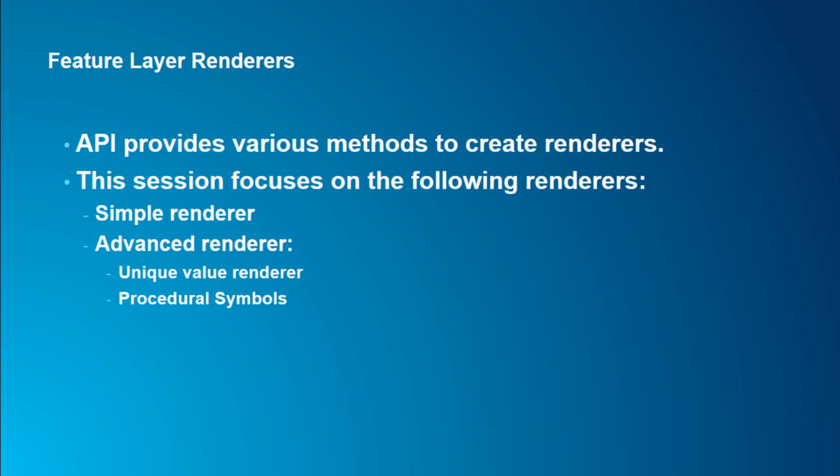The Pro SDK API provides various methods to create renderers. In this particular session, we're going to talk about 3 renderers. We're going to first talk about the simple renderer, and then I'm going to cover 2 types of advanced renderers, the unique value renderer and the procedural symbols.